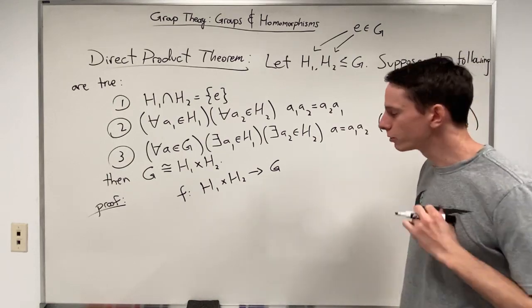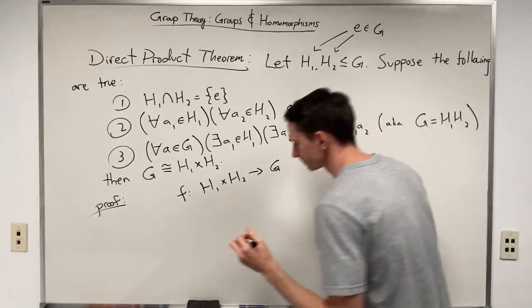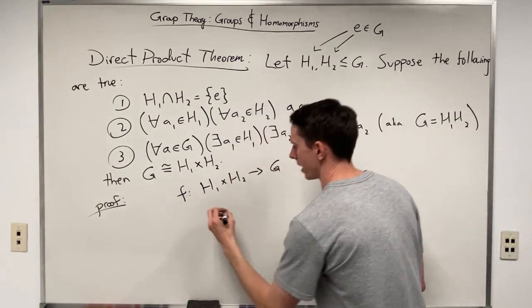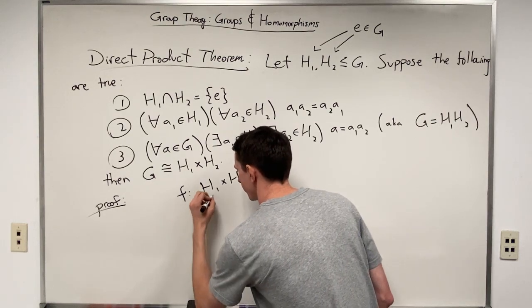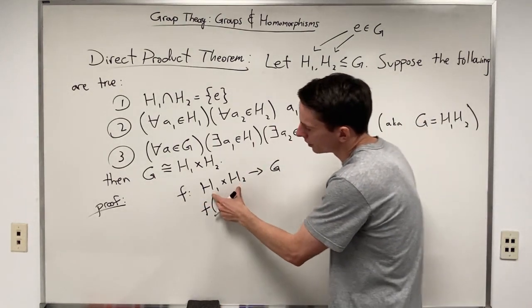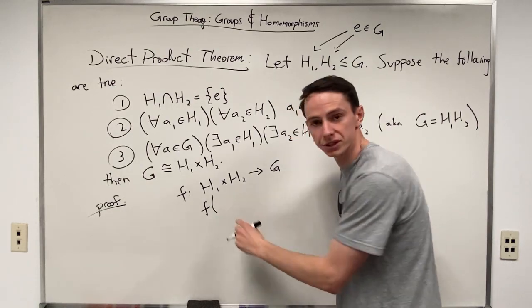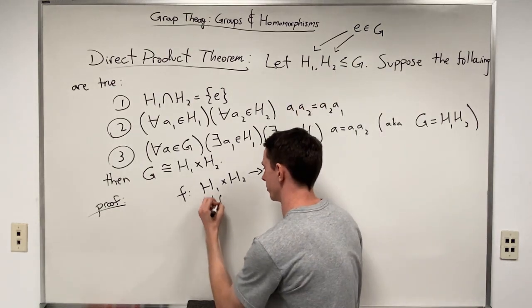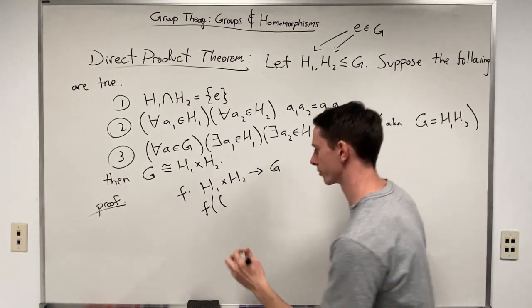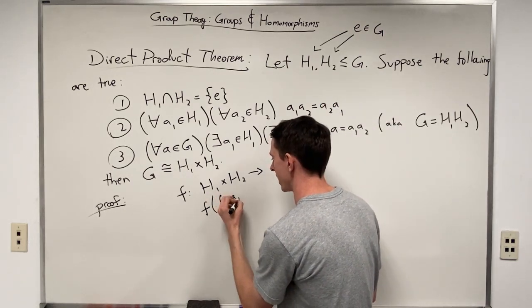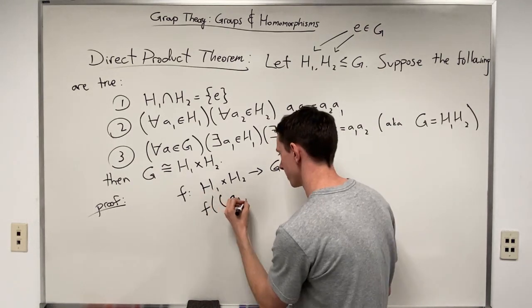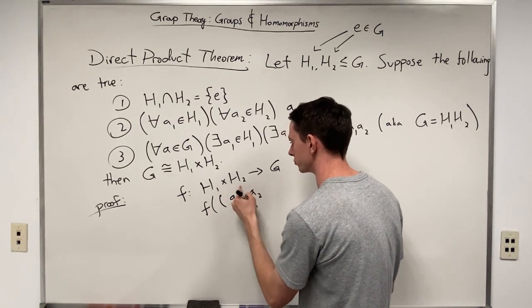And specifically what we're going to have is that if we have f, and the input is a Cartesian product, that means it's going to have two inputs in it. The input is an ordered pair, I should say, where the first element, maybe A1, comes from H1, and the second input, A2, comes from H2.